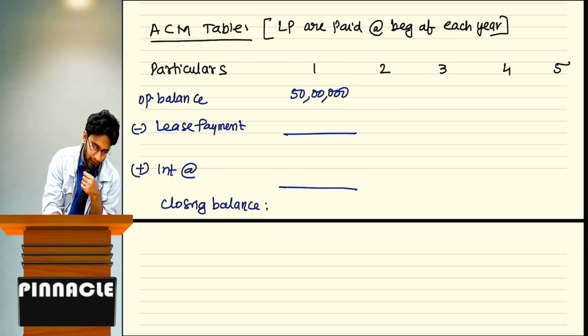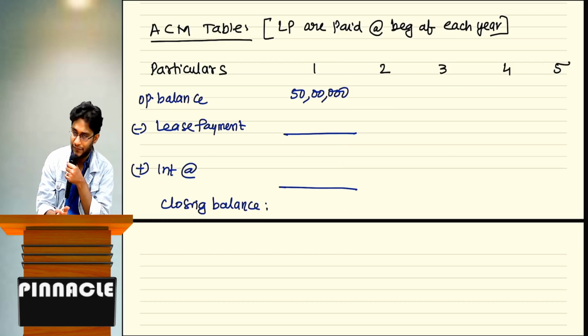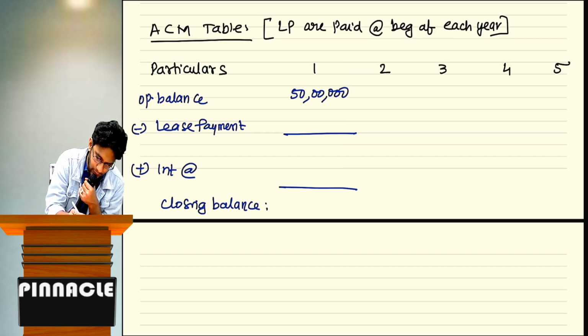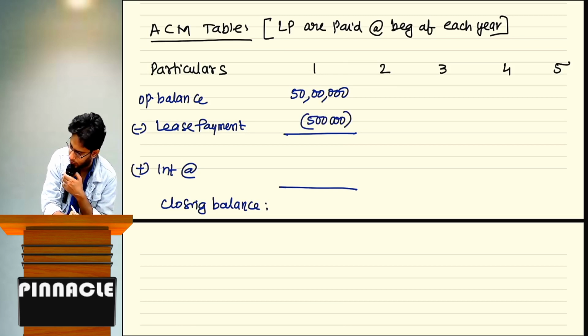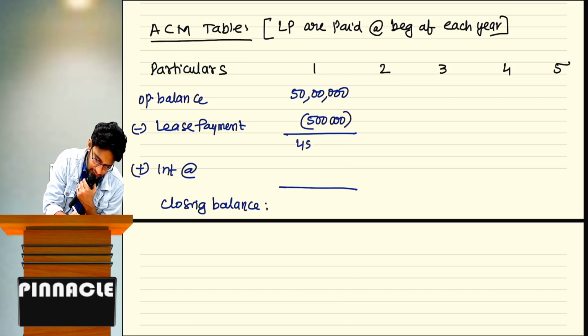Chalo sir, let's start filling up. On the very first year beginning itself, you are paying an amount of 5 lakhs. You can see the lease payment computations, no? From that you remove 5 lakhs. So the outstanding balance for you is 45 lakhs.